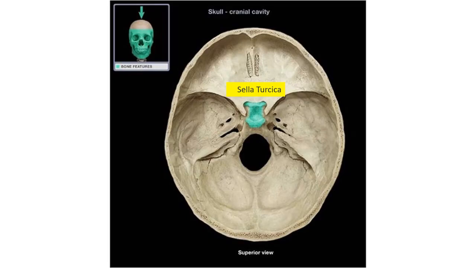The sphenoid bone articulates with almost all bones of the cranium. In this central part, which is called the body, the sphenoid bone is like a butterfly. It has a body, 2 wings and 2 legs.